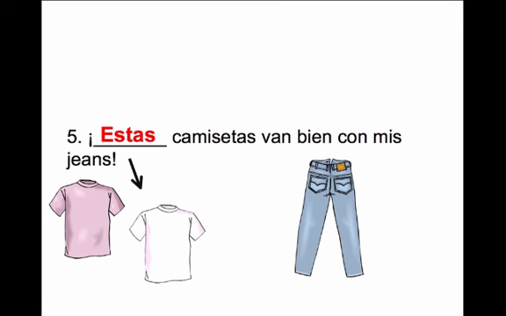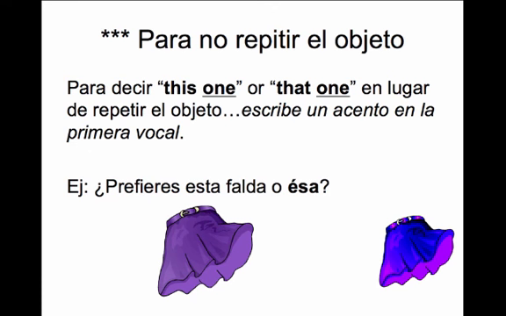So hopefully that concept is making sense for you. And one more thing to add, which is kind of cool, if you don't want to repeat the object, since it's sometimes funny to say, ¿prefieres esta blusa o esa blusa? Blusa, blusa, blusa. Instead of repeating that, you can just simply add an accent on the one that is going without a noun.